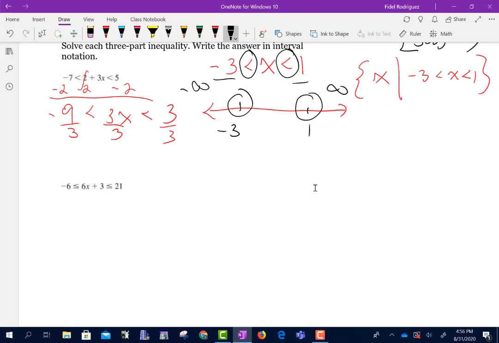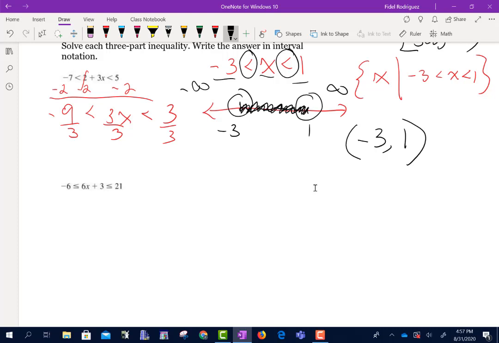Okay. Now, when I get to this part, I want you to notice that my inequalities do not have the little lines. So those circles are going to stay open. And I want you to notice, in between the number negative 3 and the number 1, I have my letter x. That's the area that I'm actually going to shade. This is what I'm going to shade right here, okay?